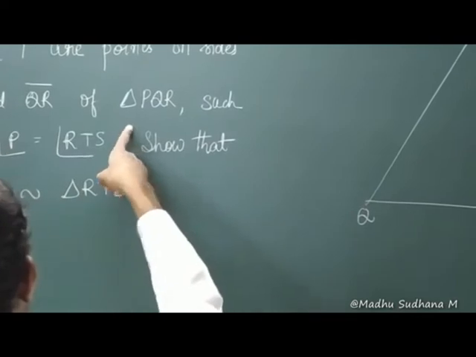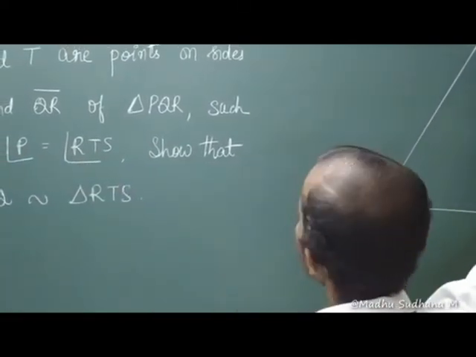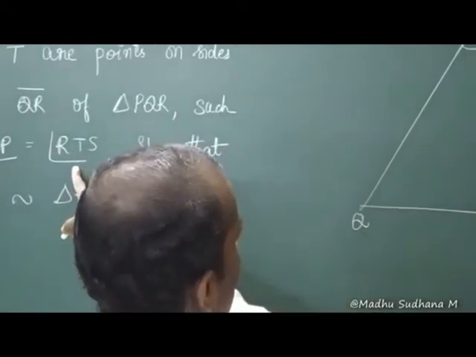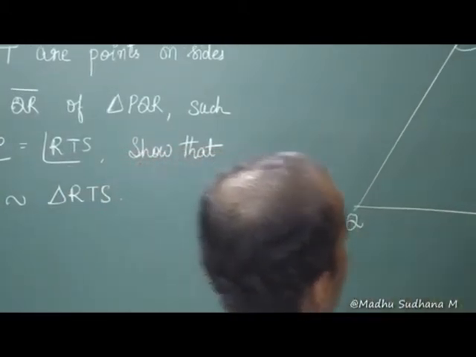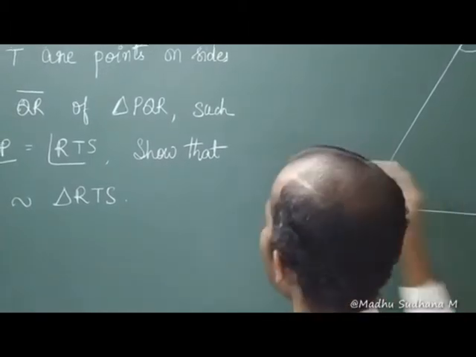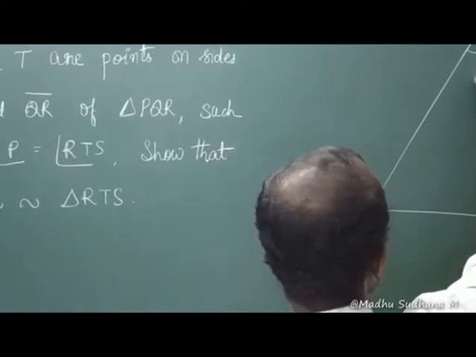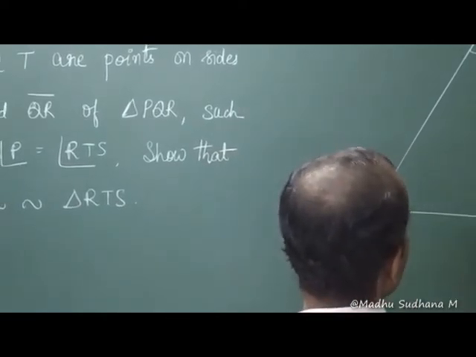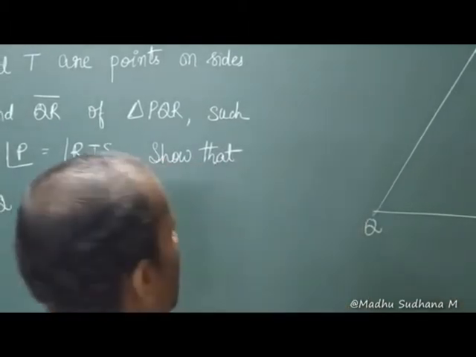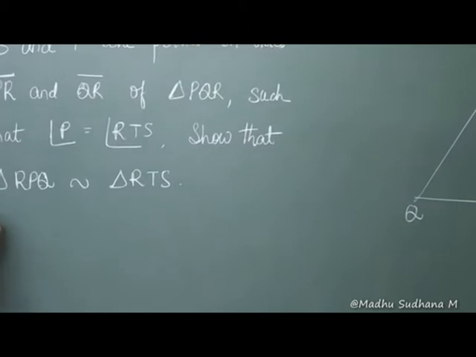Such that angle P is equal to angle RTS. These both are equal. If this is angle 1, this is also angle 1. We need to show that. So let us write the given part. What is the given here?